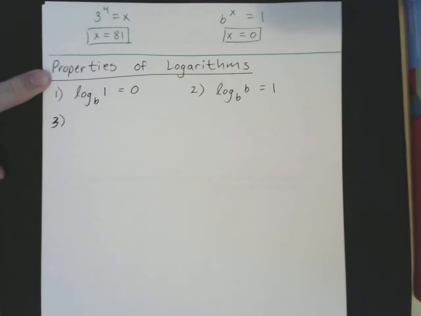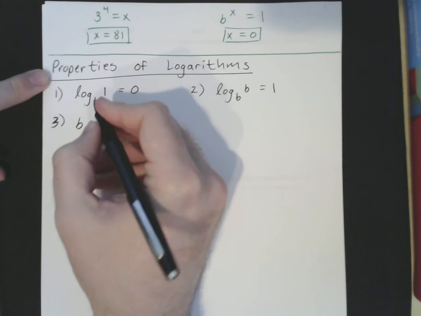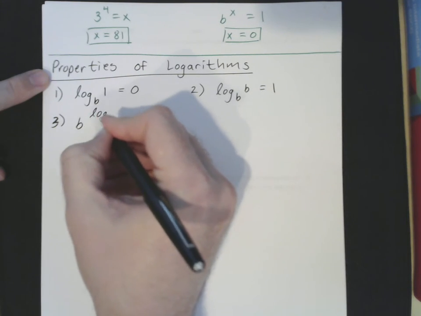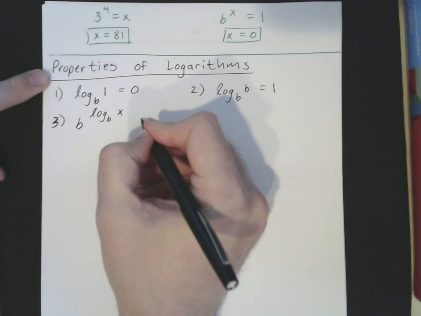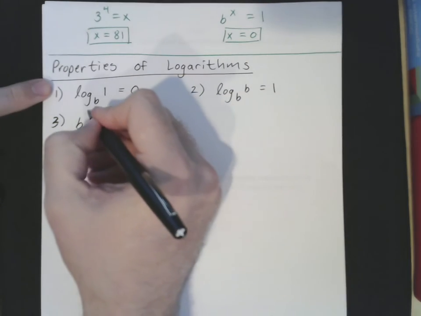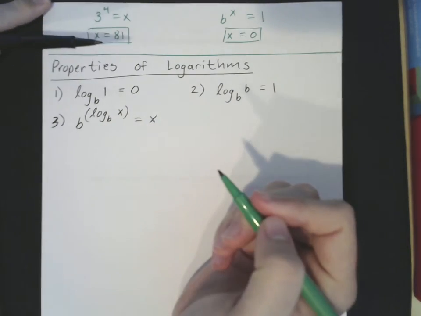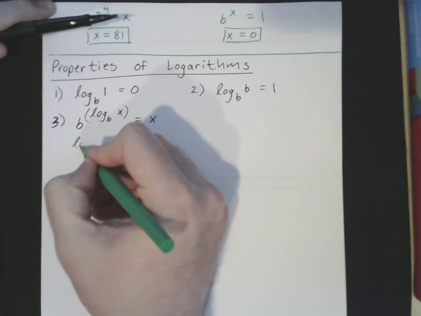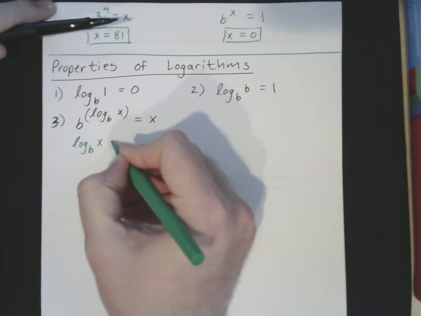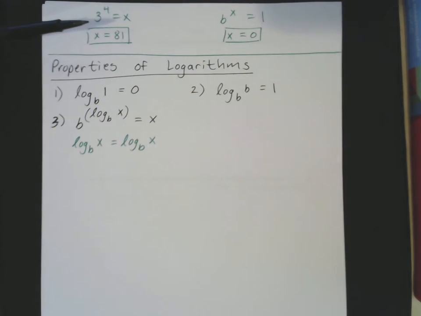Oops, this should be a 3 now. The next one is b raised to the log base b of x equals x. So this is a weird one. So this whole thing here is in the exponent. But the idea is if we were to switch from this exponential to the logarithm, this would be log base b of x equals log base b of x.